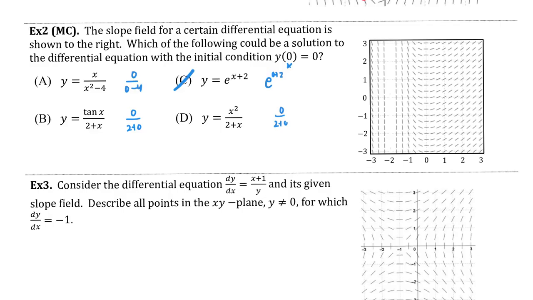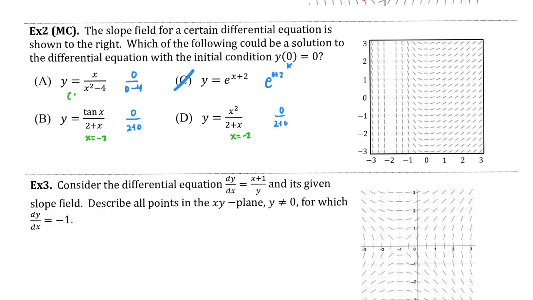Okay, now let me look at the remaining graphs to see what I can find out from this slope field. There's clearly something weird going on at x = -2. So why would there be something weird going on? Let's look at these graphs. For D, at x = -2, there is a vertical asymptote, which matches up. Look at this one, x = -2 looks like it has a vertical asymptote.